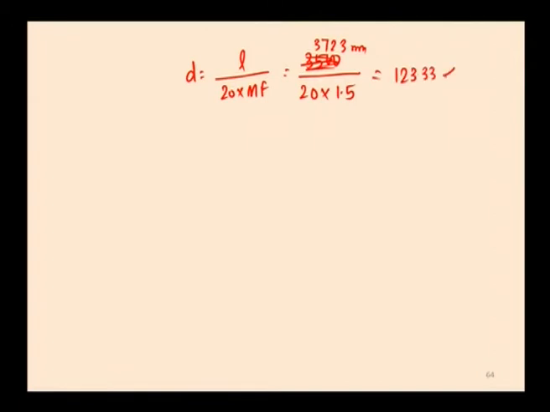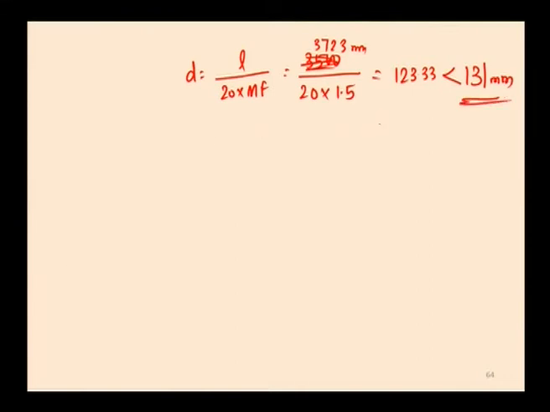Then I can find out the depth, that is equal to L divided by 20 into modification factor, that is 3500, that is the span of the slab, sorry not 3500, 3723 millimeter, divided by 20 into the modification factor, which is equal to 123.33, which is less than 131 millimeter.